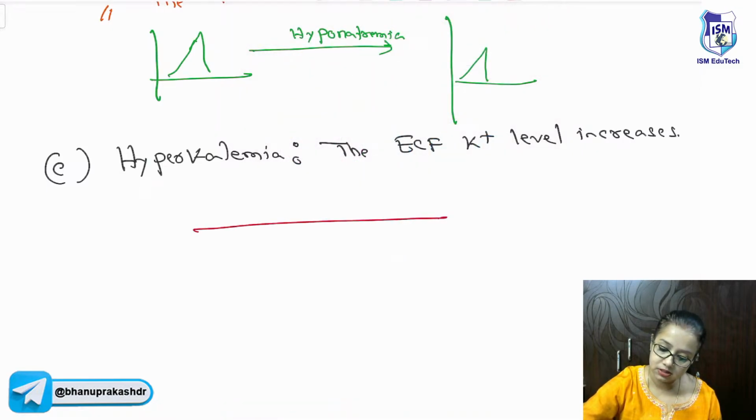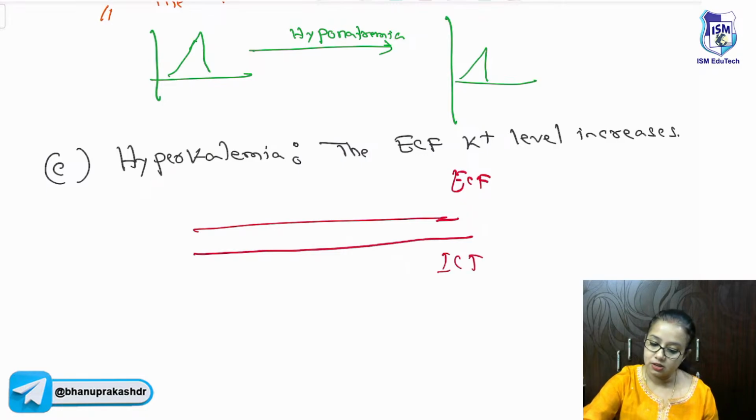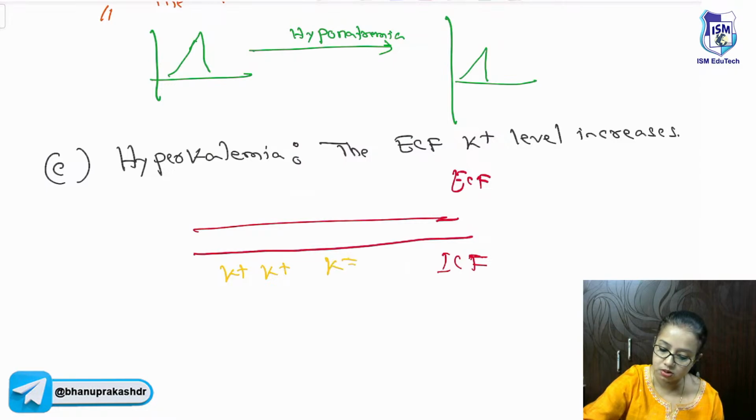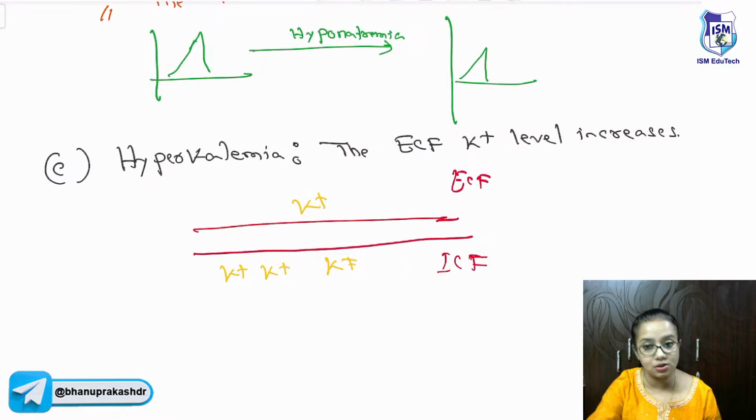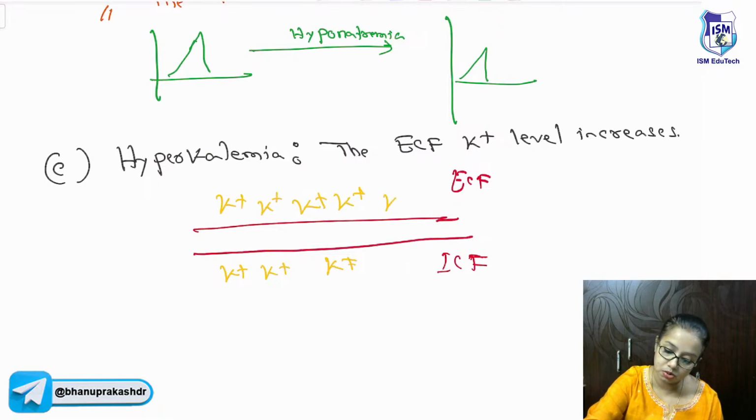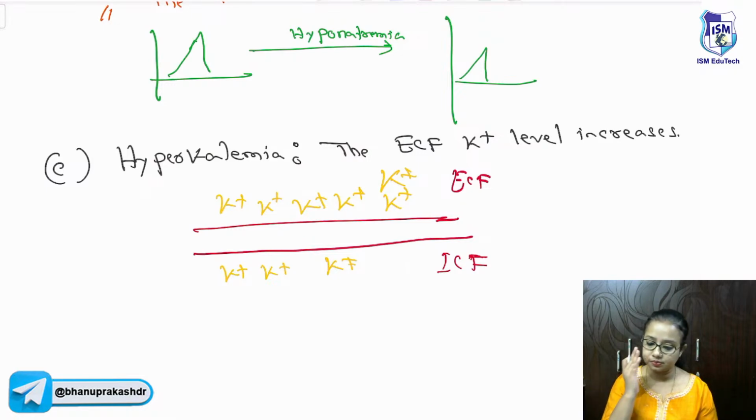So this is the ECF and this is the ICF. In normal condition, what do we know? Usually potassium is more in the inside compared to the outside. Now in case of hyperkalemia, what will happen? There will be much more potassium in the ECF side, outside the cell membrane.